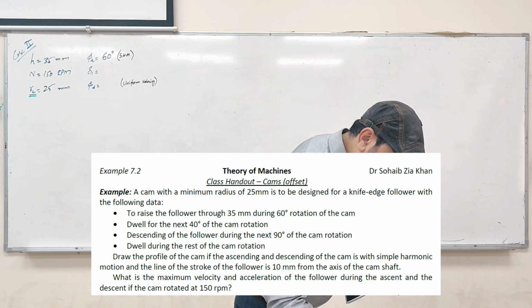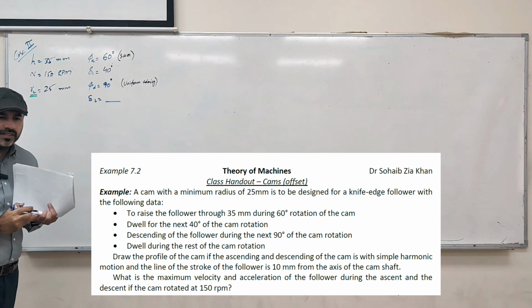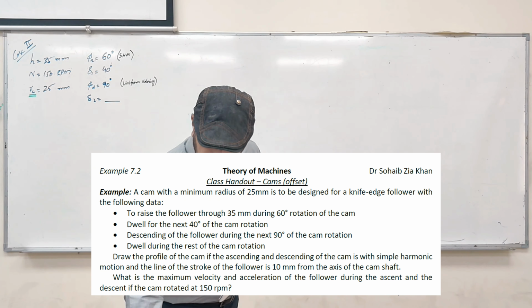Then 40 degrees dwell, and then descend during 90 degrees, and then dwell for the rest of the rotation. We can calculate that, so we don't need it right now.